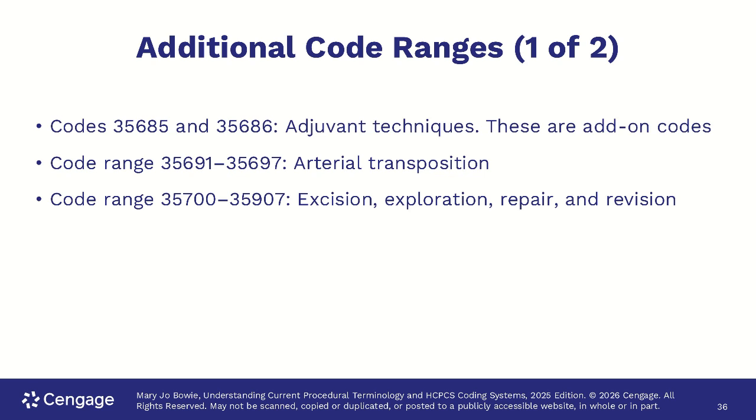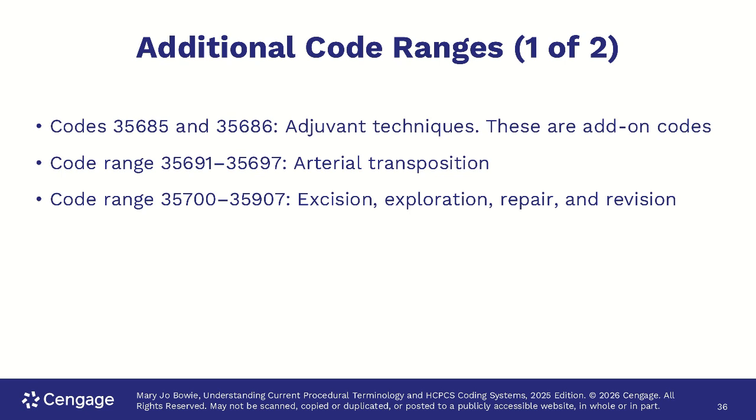All right, some additional code procedures, adjuvant techniques. These are more add-on codes. This is when the surgeon places a vein patch, places a cuff at the distal arterial anastomosis site, or could be creating a fistula between an artery and vein during bypass surgery.